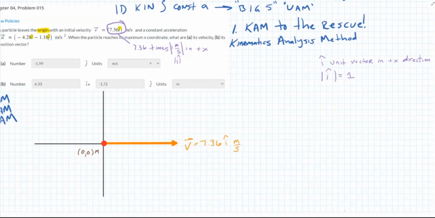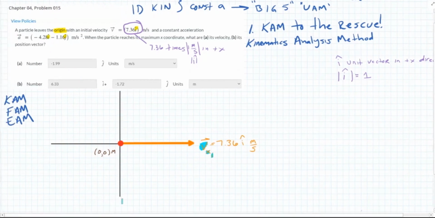I'm going to stay true to subscripting: Vx initial. This is a double subscript. V for velocity, subscript X for X velocity, subscript I. So V sub X sub I is read as initial X velocity.